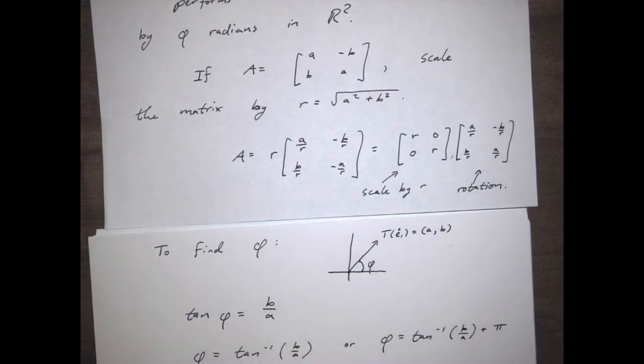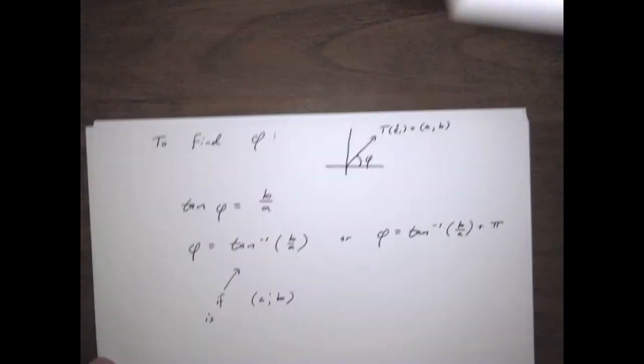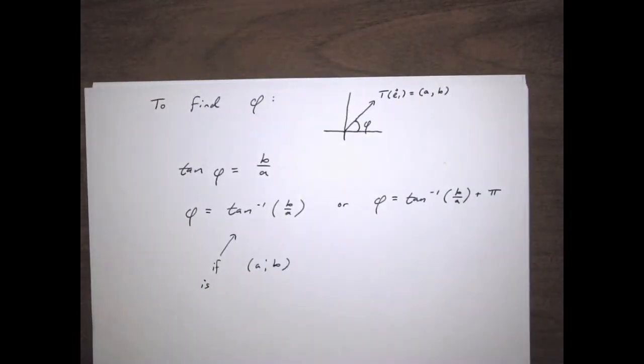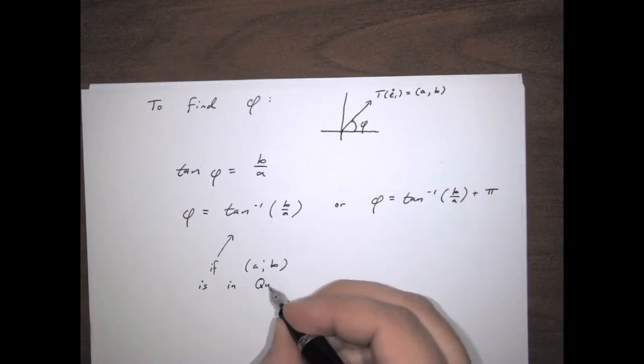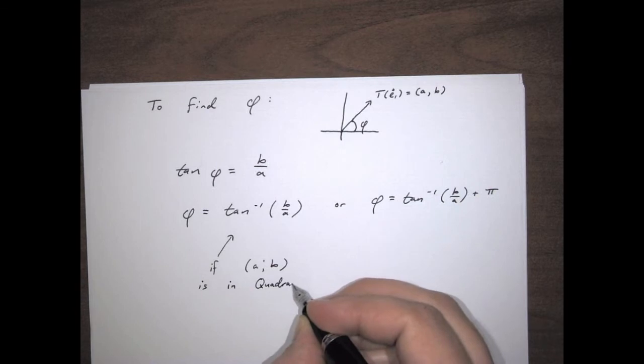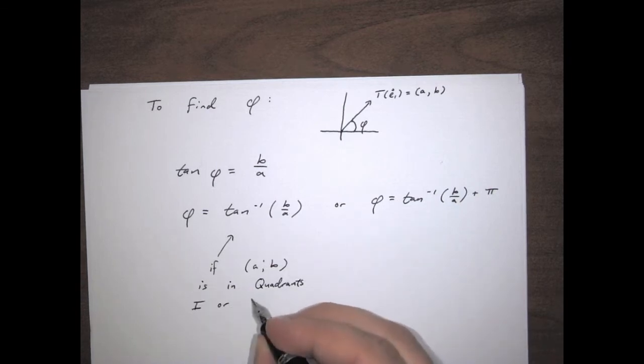This is if (a, b) is in quadrants 1 or 4.